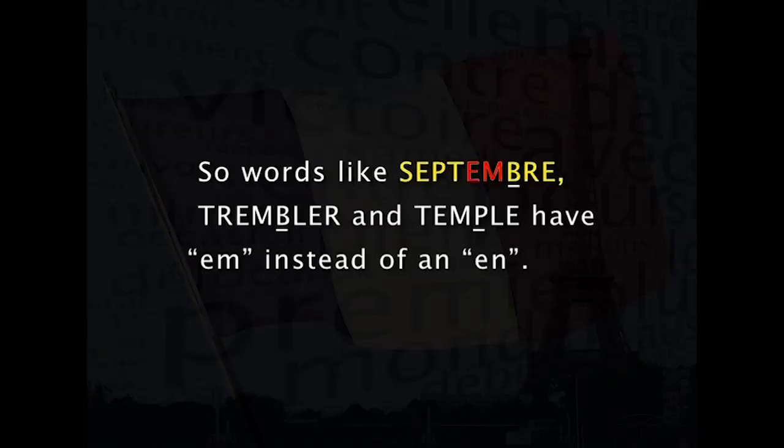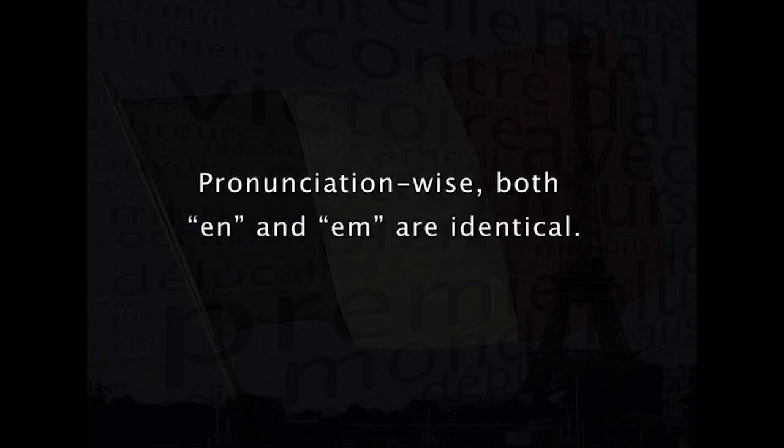So words like septembre, trembler and temple have EM instead of EN. Pronunciation-wise, both EN and EM are identical.